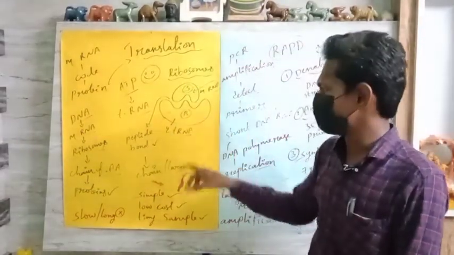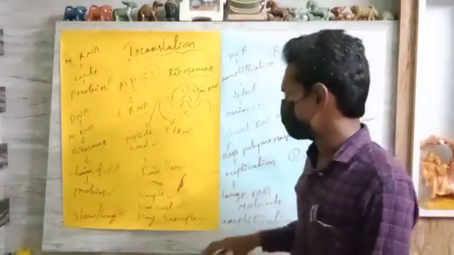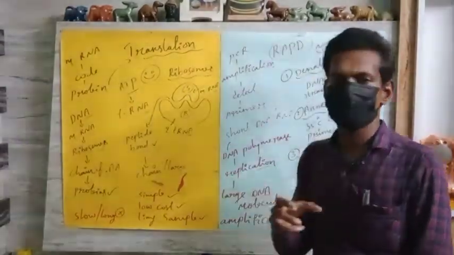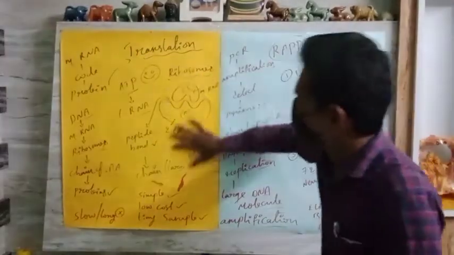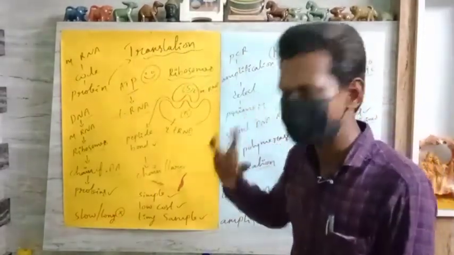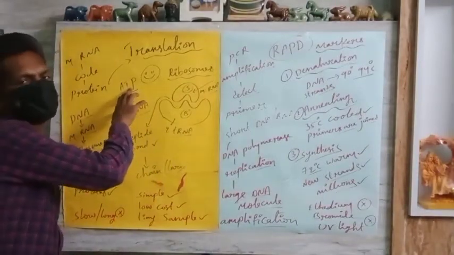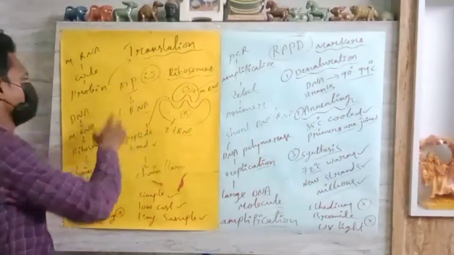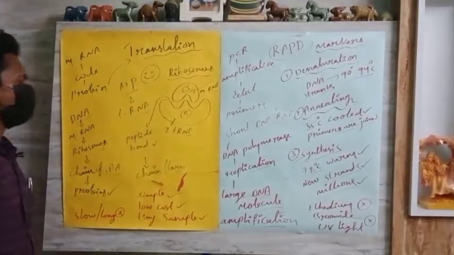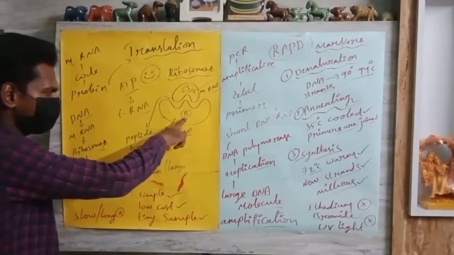Into the larger subunit, two molecules of tRNA enter. The main function of tRNA, transfer RNA, is providing the ATP, adenosine triphosphate, energy for this entire mechanism, translation. This is an active reaction, not passive, so metabolic energy must be required. Adenosine triphosphate is provided by the tRNA and the entire mechanism is performed.